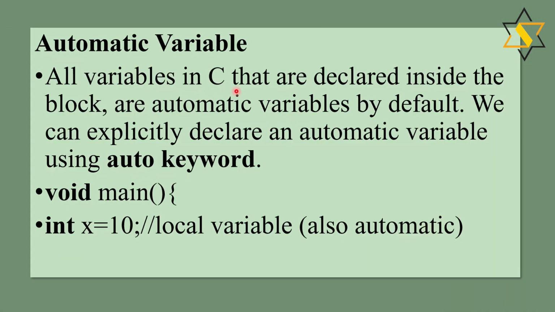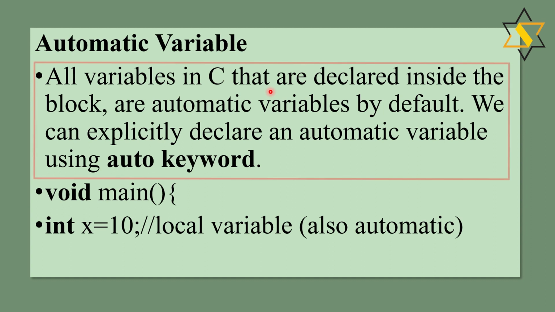Now the next is the automatic variables. Like this, all the variables in C which are declared inside the block, generally while we are performing any operation, we use these variable names inside the functions. So what is the use of automatic variables?